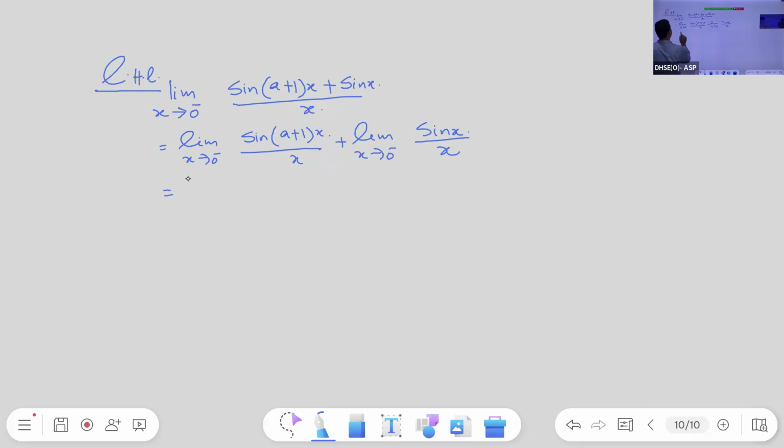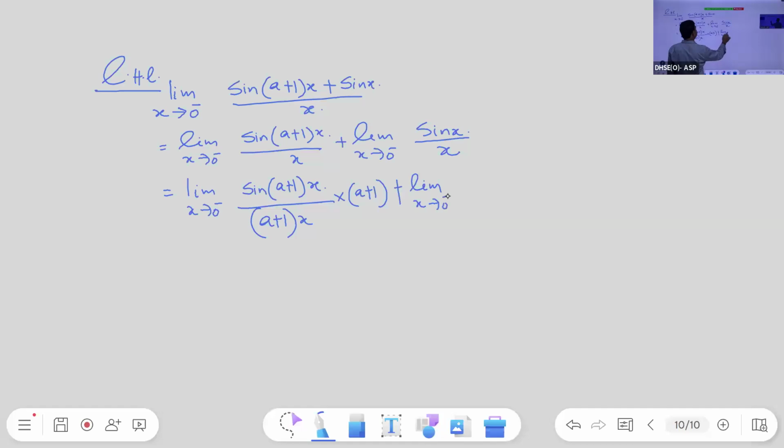So this is equal to limit x tending to 0 minus of sine of (a plus 1)x upon (a plus 1)x, into (a plus 1), plus limit x tending to 0 minus sine x upon x.